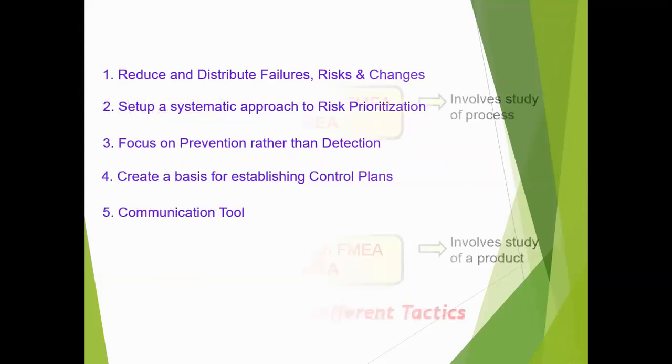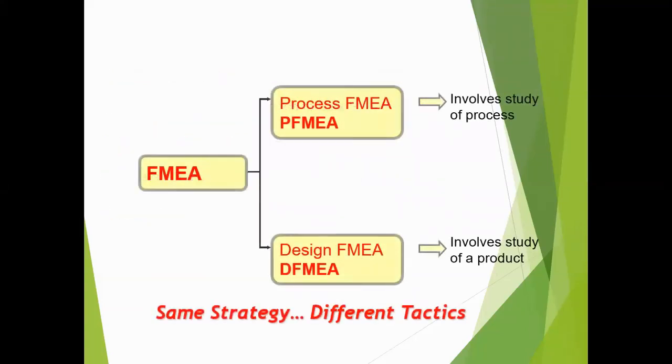Now, let me show you a template. So there are 2 kinds of FMEA. One is process FMEA, and the second one is design FMEA. Right? So you already have a process in place, and you have multiple steps that are required to complete a process. And we can do an FMEA study for each of the steps in the process, which is one way of doing it.